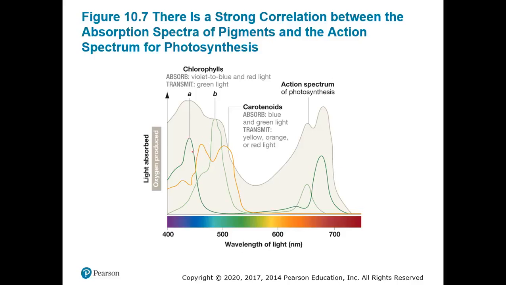So if we're looking at chlorophylls, you'll see these peaks in our light absorbed. The more light absorbed means the more oxygen produced, the better your reactions are being driven.